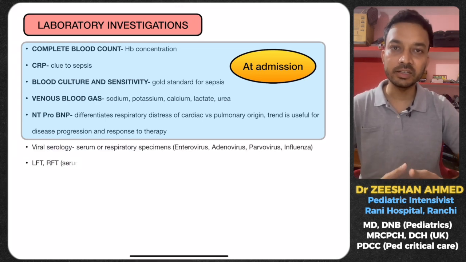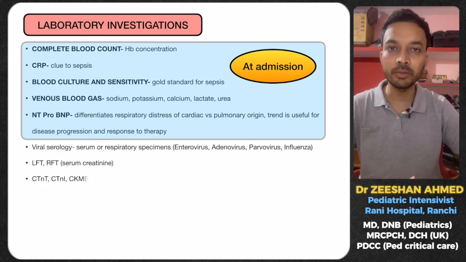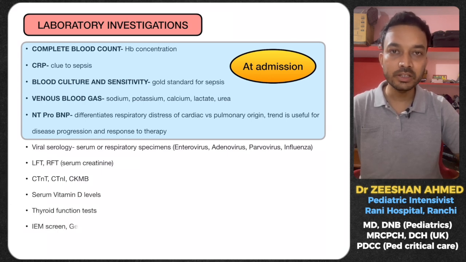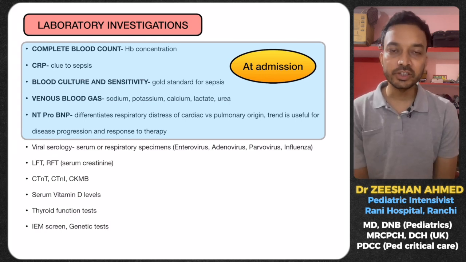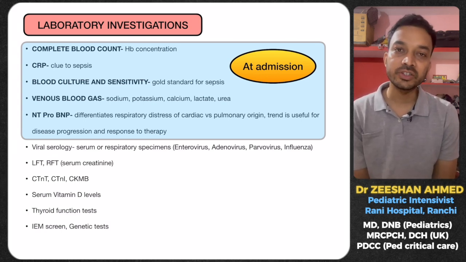However, there are certain other investigations which we should think about in due course of time during the treatment process. First one is viral serology. That is the serum and respiratory specimens, especially for enterovirus, adenovirus, parvovirus and influenza virus, which are very common in myocarditis. We can also do liver function tests and kidney function tests to look at any organ damage.